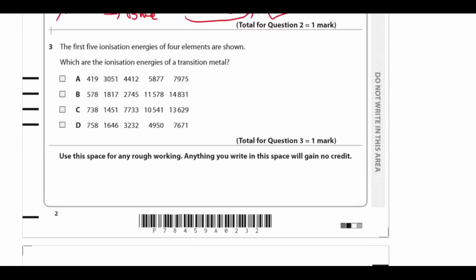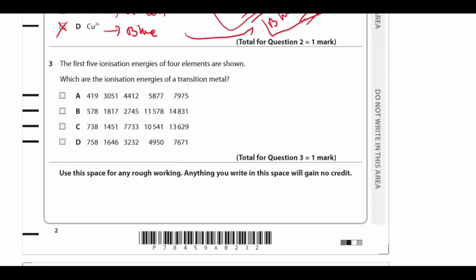Okay, moving on, the first 5 ionization energies. Now, if we analyze these ionization energy values, A, B, C, D, you can clearly see in option A a big jump between the first and the second ionization energy. The first ionization energy represents the outermost electrons of a metal.